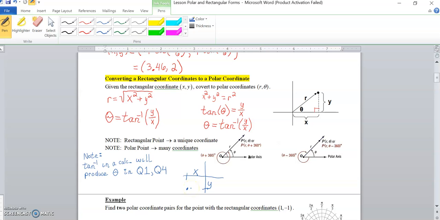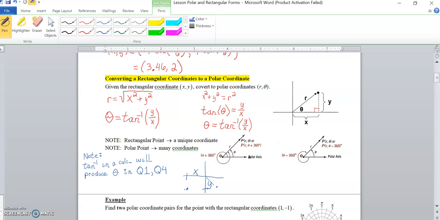But when I plug the tangent inverse into my calculator, it says negative 60 something. Negative 60 would put you in quadrant 4, somewhere down here, and we know that's not right because we need to be in quadrant 3.